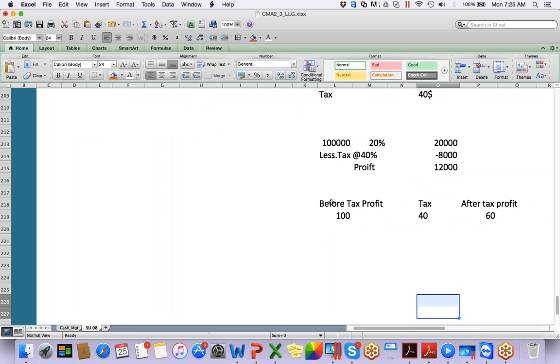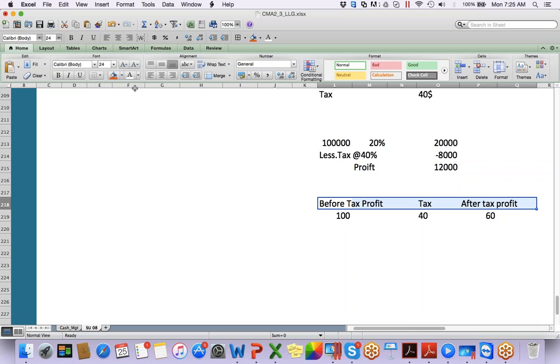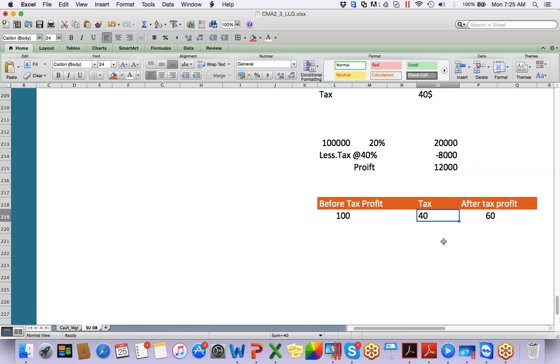So this concept you should understand, that if I earn $100, I will have $40 tax, and my after tax profit would be 60. If I want to earn an after tax profit of 20,000, what should be the profit I should earn here?